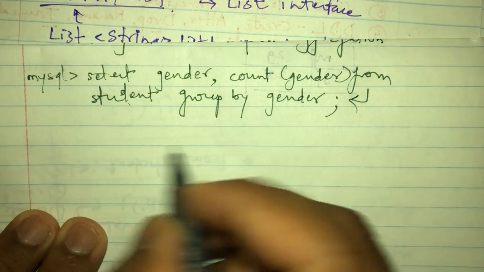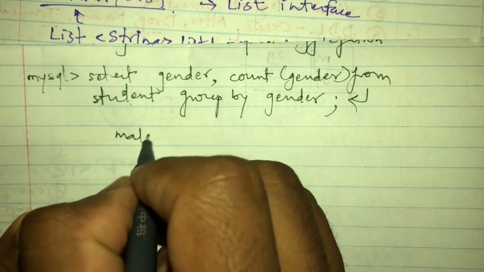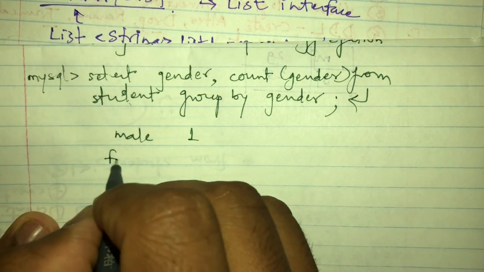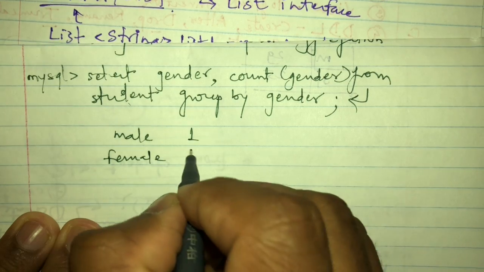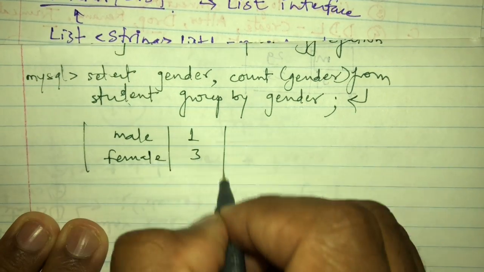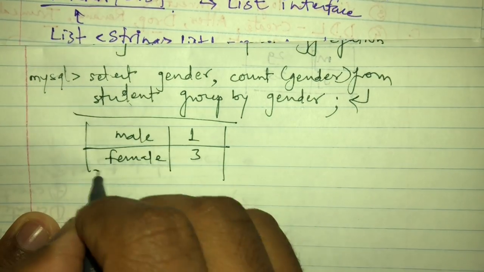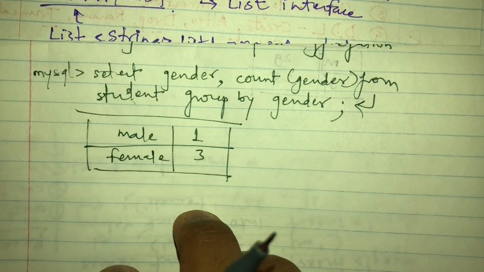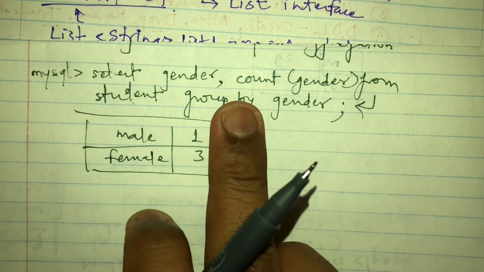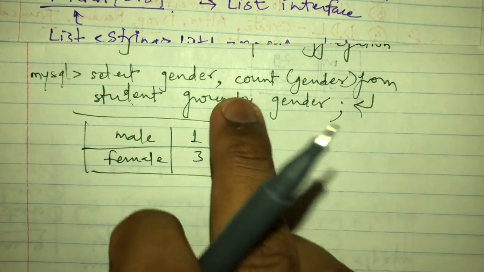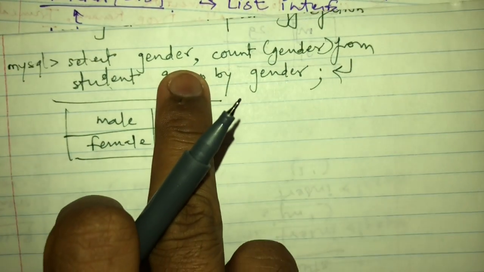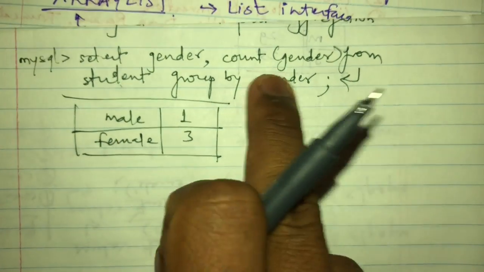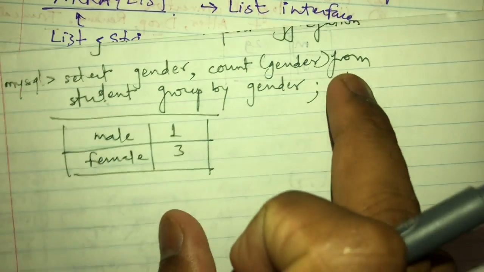And if I hit enter, the output will be male 1, female 3. So this way I will know that there is only 1 boy in my class and 3 girls in my class. So the way this query will run is, gender will be this column, count of gender will be this column.